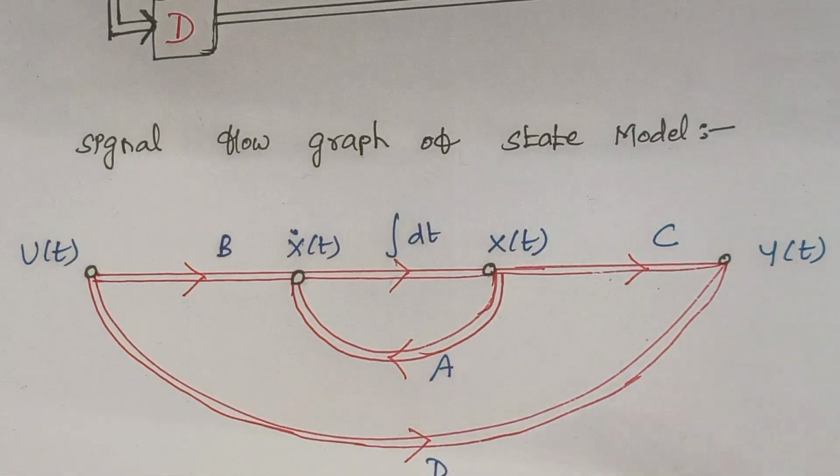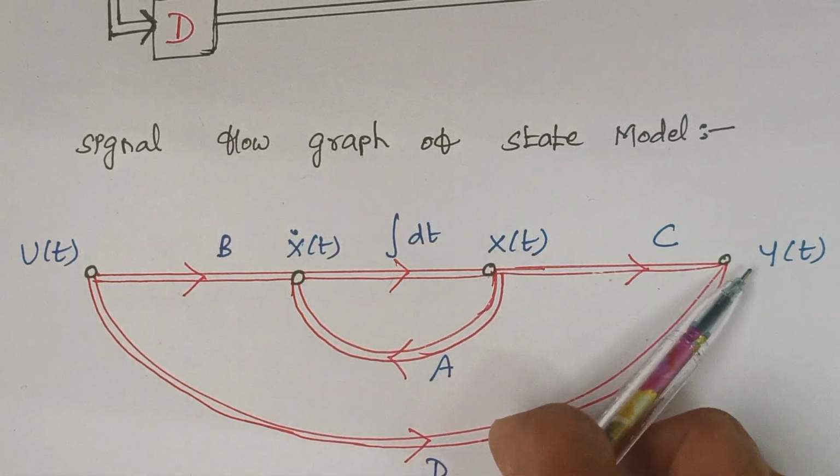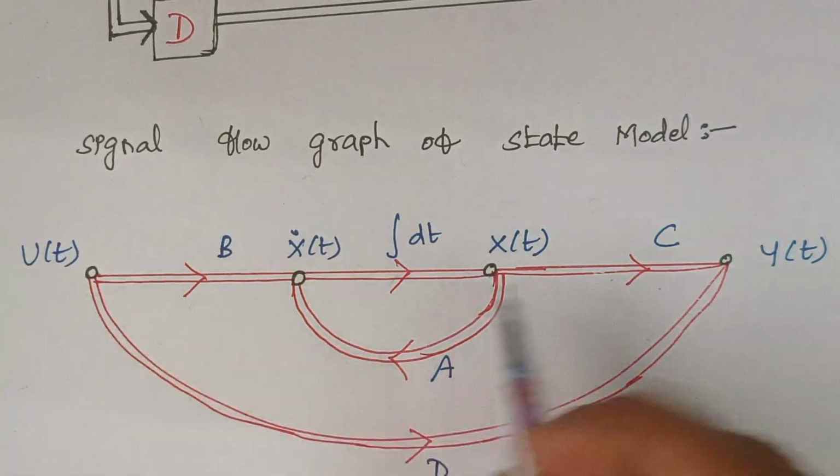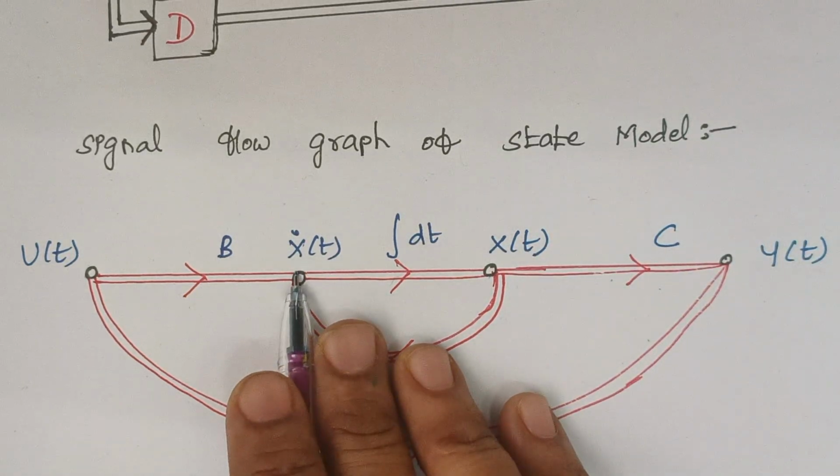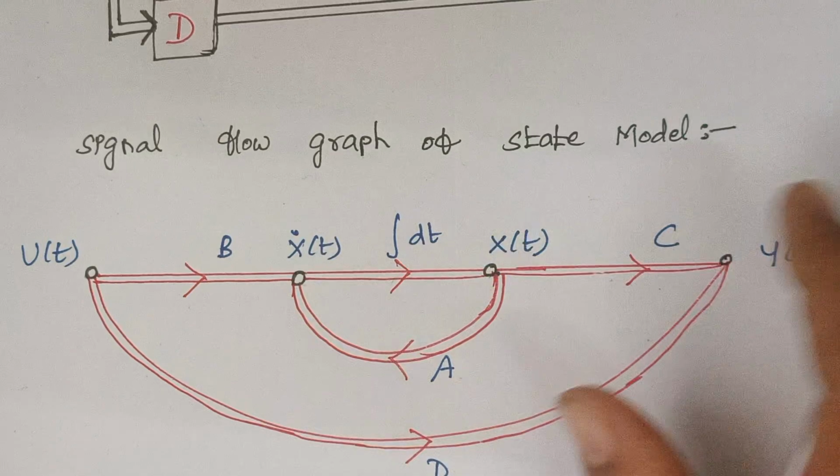So again the same thing, right? Here we are having totally 4 nodes. One is the input node, another one is the output node, and in between we are having x dot of t and x of t. That's it.